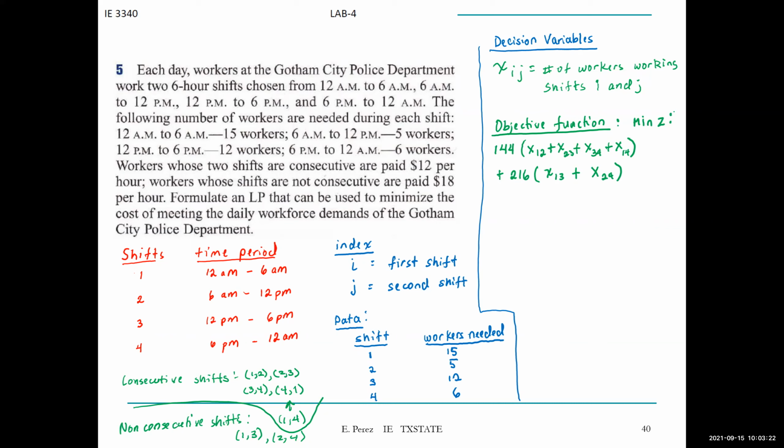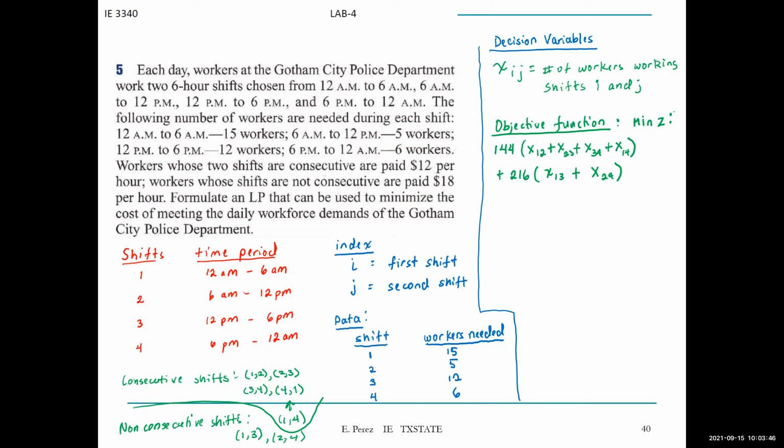So you want to minimize the objective function, which is the summation of the number of workers that are going to be earning $144 at the end of the day, and the workers that are going to earn $216 at the end of the day. So that's the objective function.